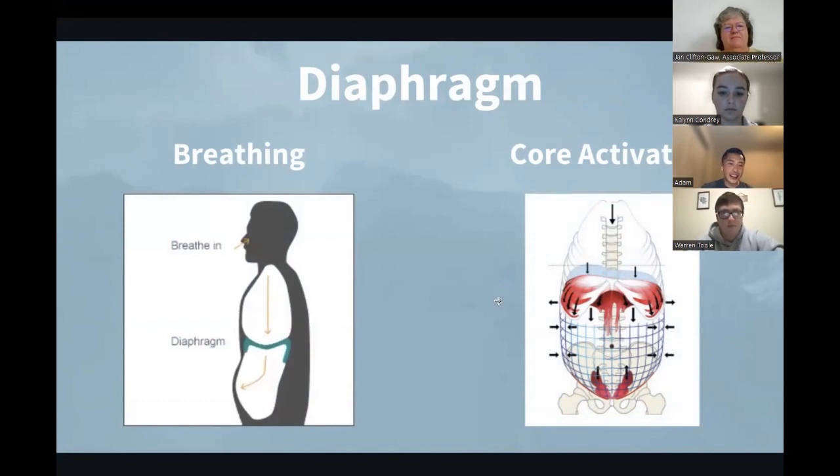This GIF here is a very good illustration of how the diaphragm works and how wrong it is in terms of core activation, because when we breathe in, the diaphragm contracts, and the dome of the diaphragm goes inferiorly and compresses our abdomen, right?